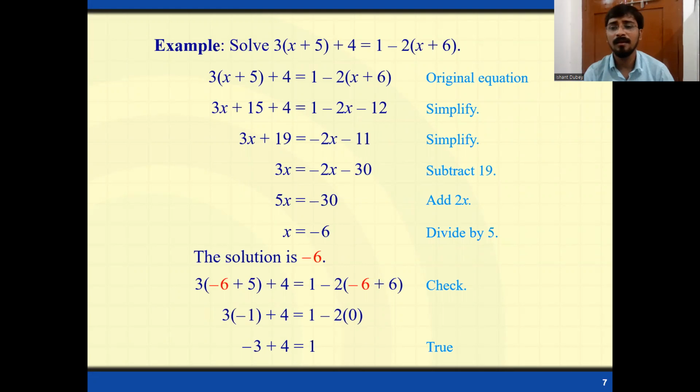So my equation is satisfied by substituting x equals to minus 6. So x equals to minus 6 is the solution for the given equation. I think it is clear to you. Yes or no? Yes, very good.